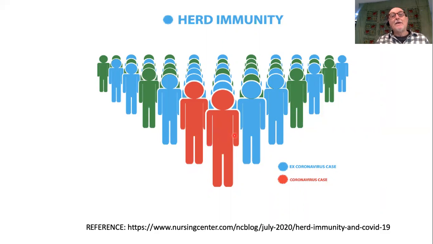But if we've had many people in the population who have had COVID and are now immune, then the disease can't spread to the few vulnerable people who haven't had it. Okay, sounds reasonable, right?